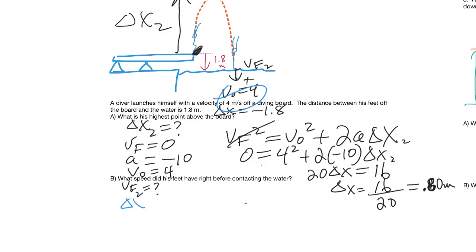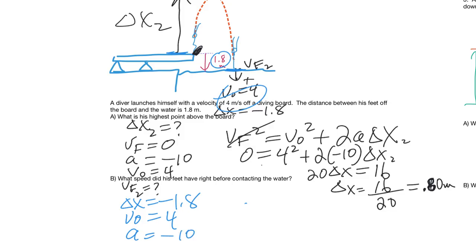We know delta X is negative 1.8, if we're going from the start to the finish. VO is the speed off the board, which is positive 4. And A is still going to be negative 10.